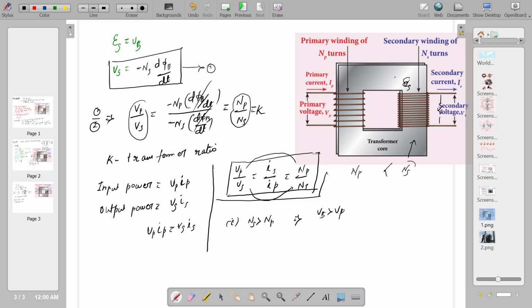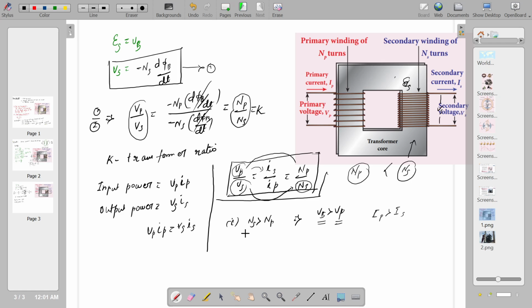That means the number of lines in the secondary coil will be greater than in the primary coil. According to this relation, if Ns is greater, definitely Vs will be greater compared to Vp. The voltage across the secondary is greater than the primary voltage, and the current in the primary will be greater compared to the secondary, because voltage is inversely proportional to current.